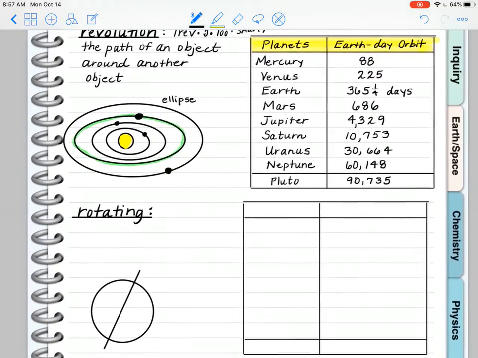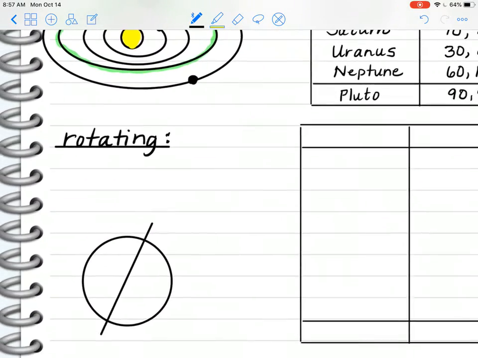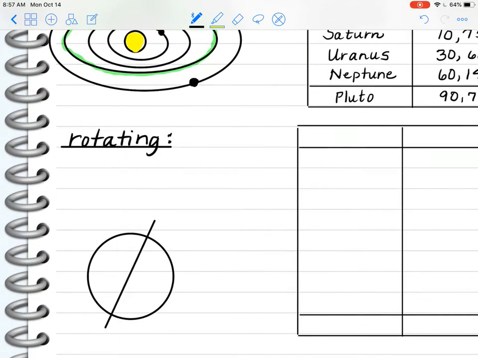Okay, rotating. Remember, I showed you a picture just a minute ago of this line. Do you remember what that's called? That is an axis line. So rotating is the turning of an object on its axis.